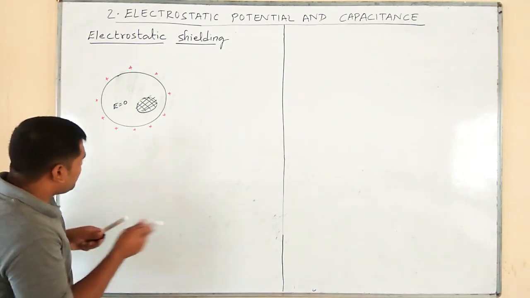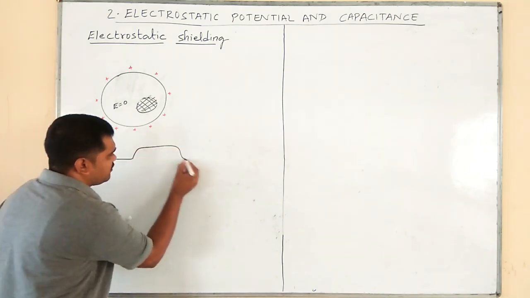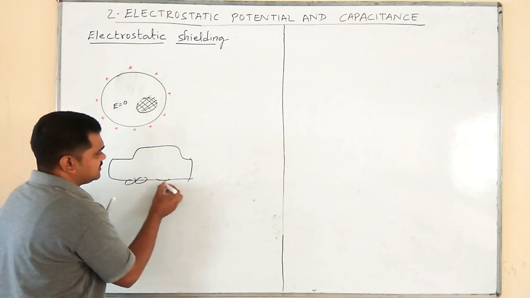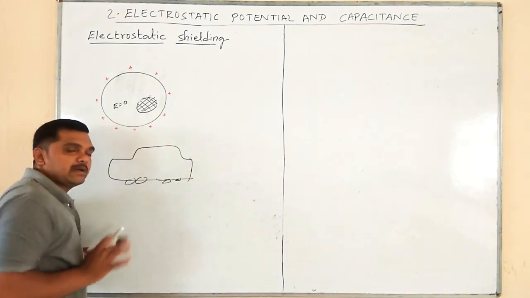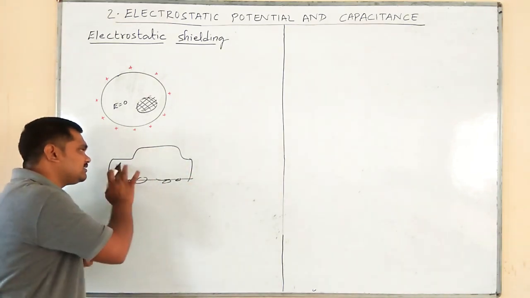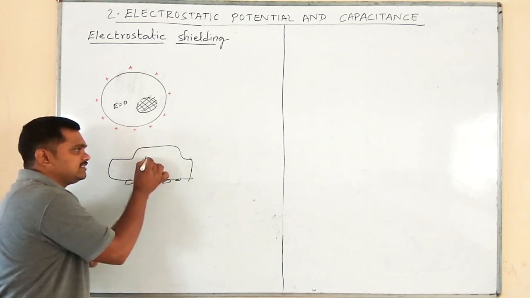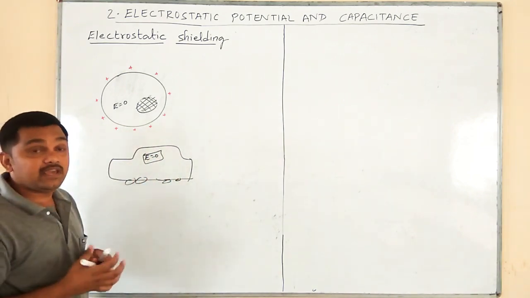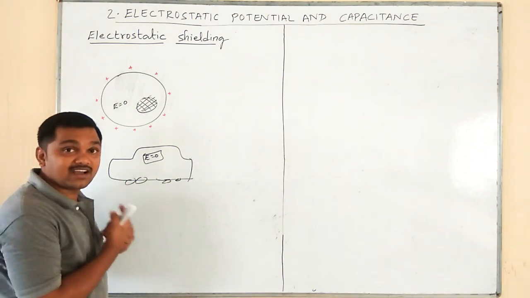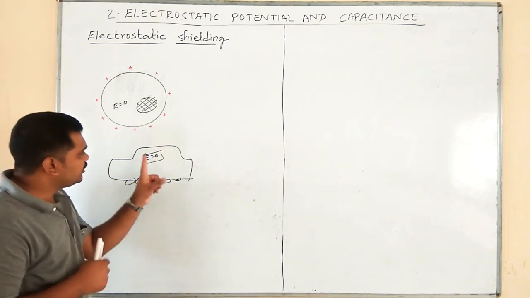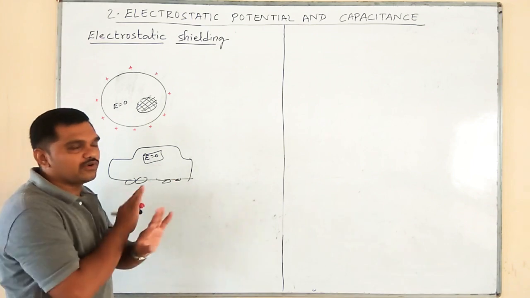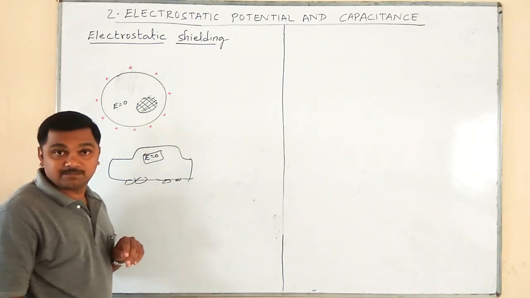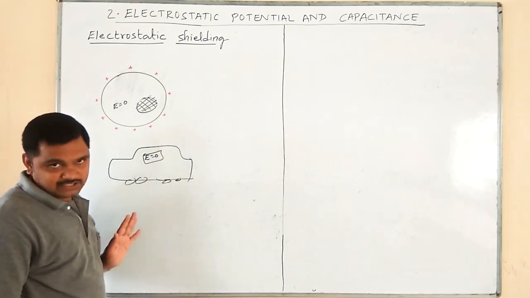The body of the car is made up of what? Yes, of course, metal. Hence, this hollow space contains E equal to 0. That is, there will be no electric field inside the car. Hence, if you sit inside a car, you won't get the thunderbolt. Thunderbolt never hits you.